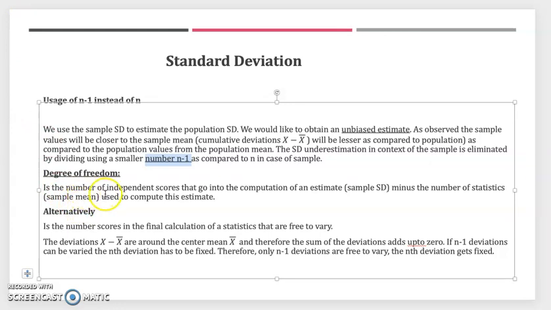It's the number of independent scores that go into the computation of the estimate, minus the number of statistics, the sample mean, used to compute this estimate.